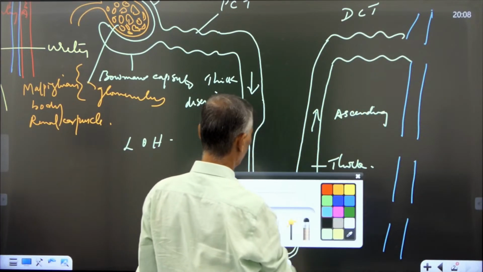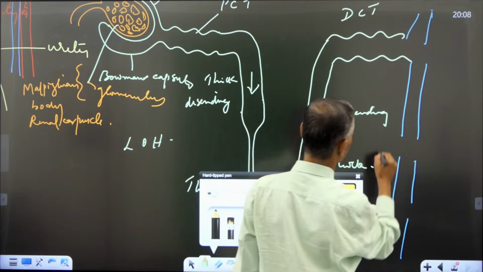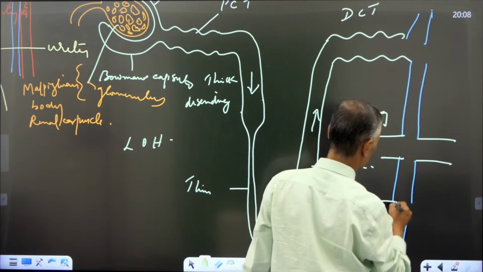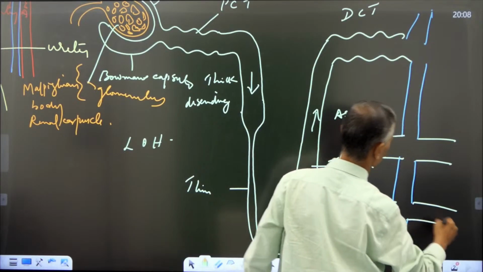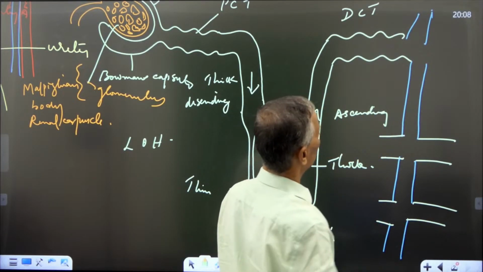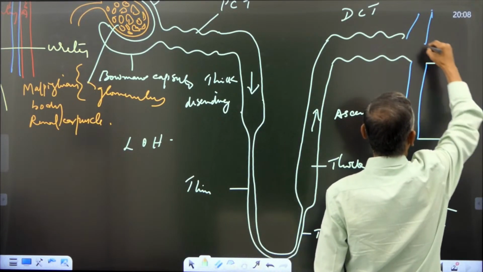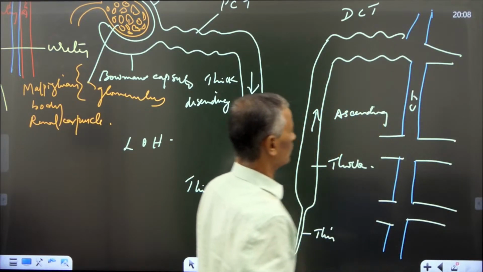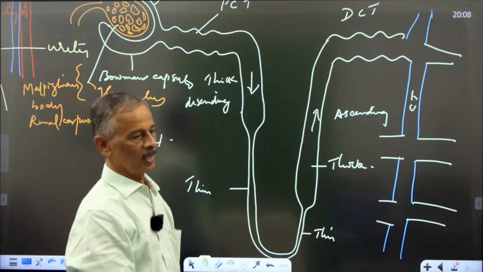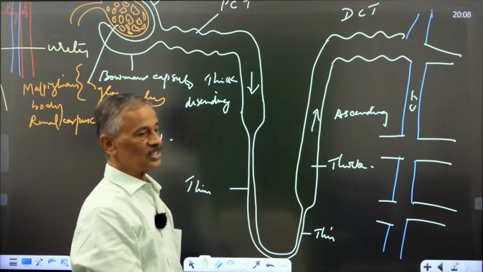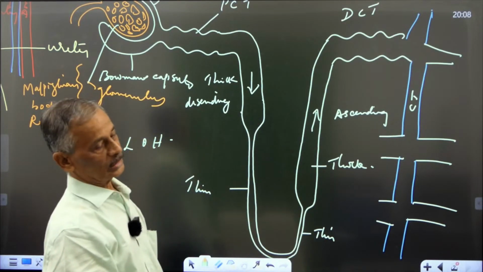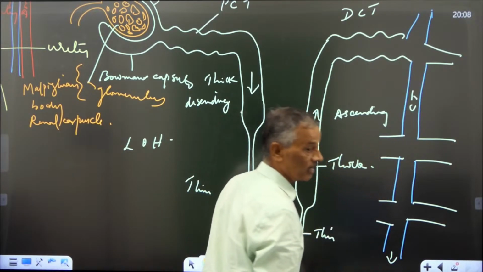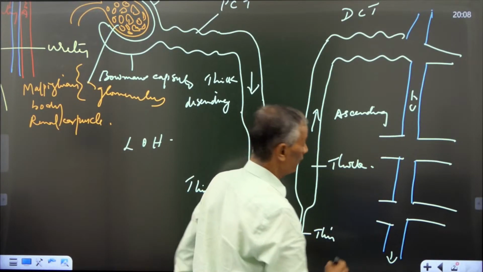It will receive several such tubules. So several urinary tubules join a CT, a collecting tubule, and several such collecting tubules join another tubule called duct of Bellini.